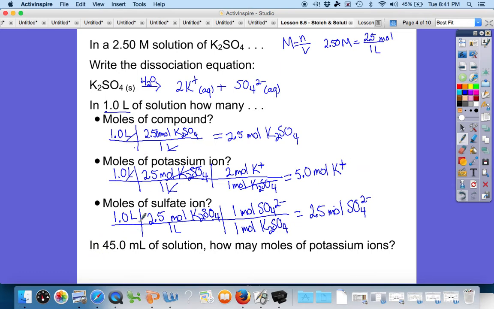But what happens when we change the volume of our solution? Here we are given 45 milliliters of solution, and we want to know the moles of our potassium ions.